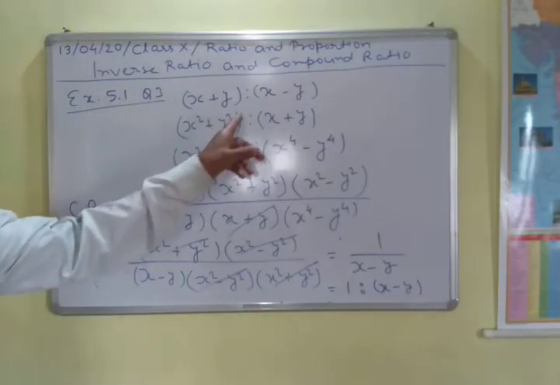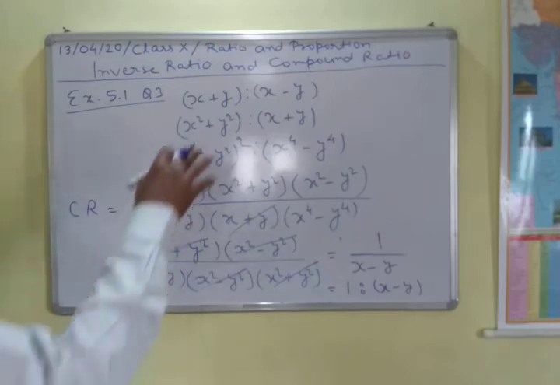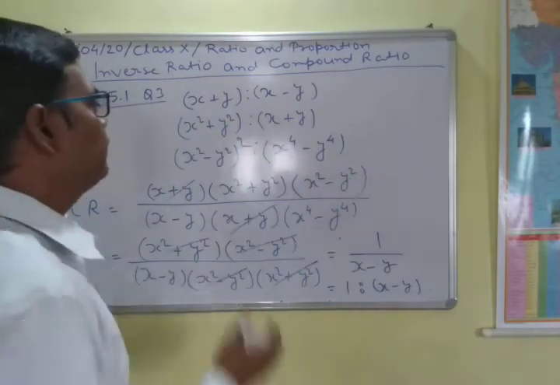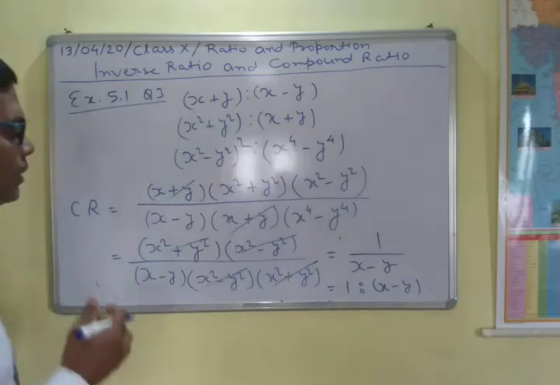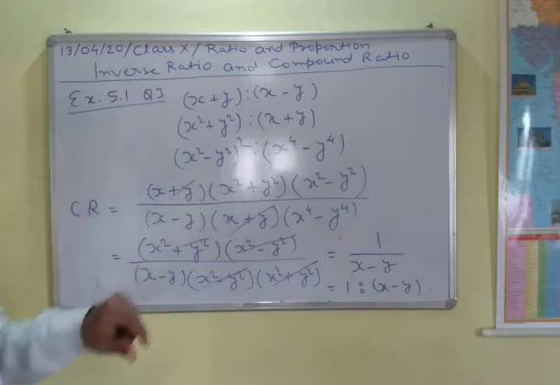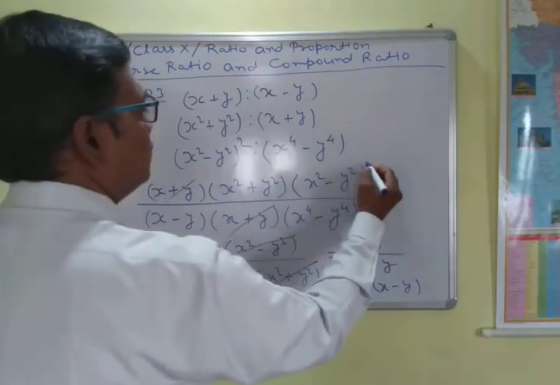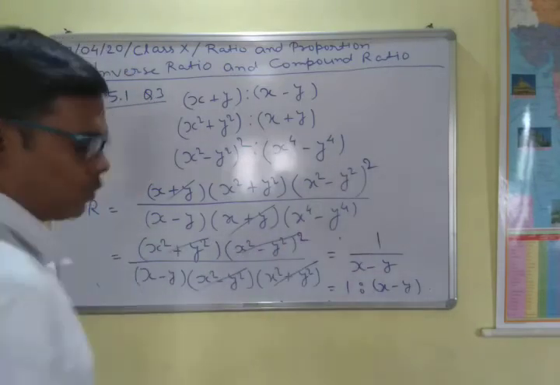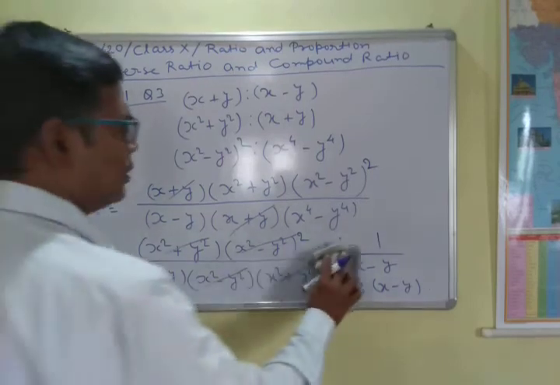x plus y is to x minus y, x square plus y square is to x plus y, x square minus y square whole square. I think here something is missing. It is your whole square. So yes, here it should be square, and here also it should be square. Then this is not the correct answer.